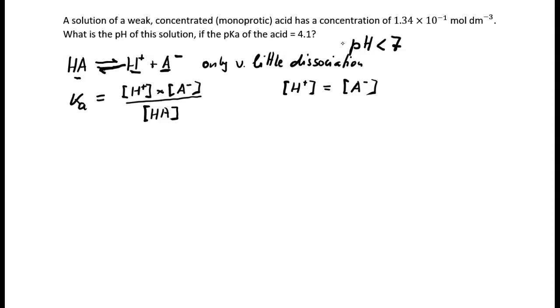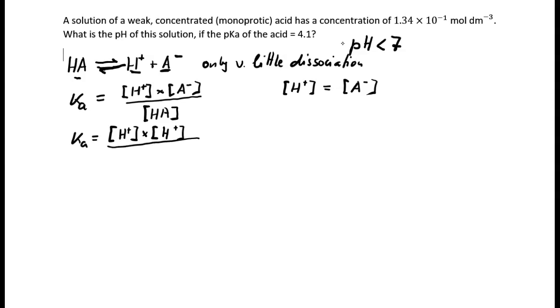And with that, we can just simply substitute here. We can write Ka is just simply H, the proton concentration, and instead of the conjugate base, I also write here the proton concentration.